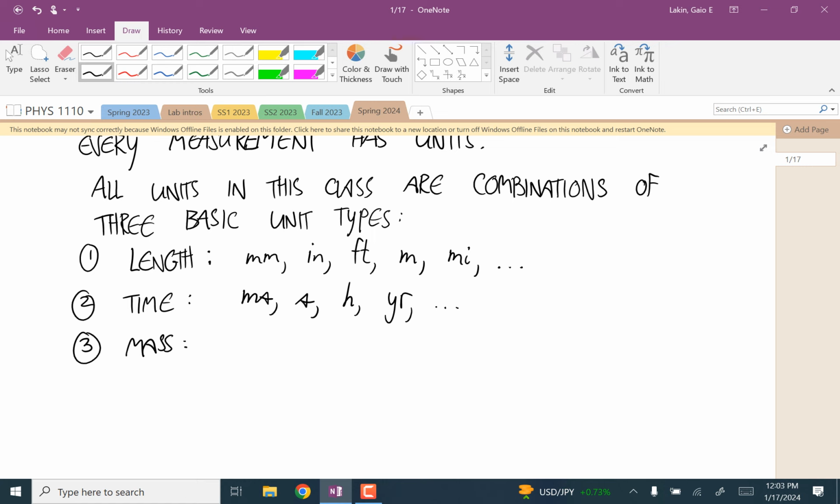Turns out it's called slugs, and we never use it for anything. But the one that we're going to use all the time is kilograms. Anything related to grams is a measurement of mass. Slugs is another unit of mass.